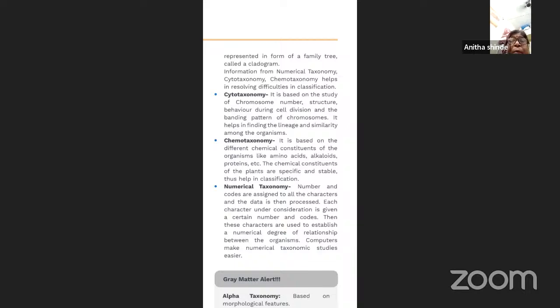Now next is numerical taxonomy. Numerical taxonomy is nothing but numbers and codes assigned to all the characters, and the data is then processed. It has to do with computers. In one way, it is related with biosystematics, which deals with bioinformatics.